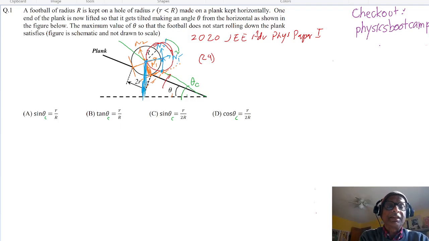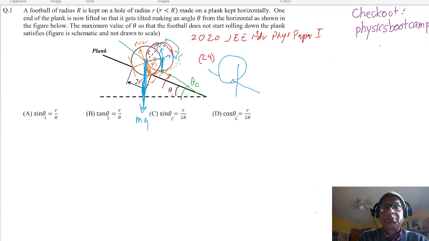Gravity is pointed straight down, mg, and when the gravity points a little further, it will start to roll, right? So if you look at a little bit further, the gravity is this way, and the plank is, if the ball was placed in this position, it will immediately start to roll. So gravity normal will be this way.